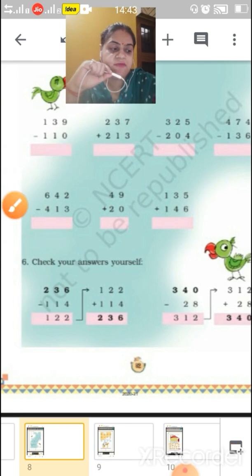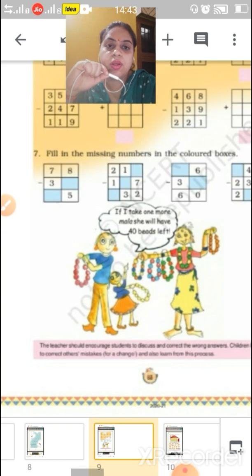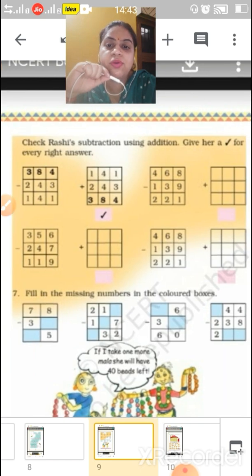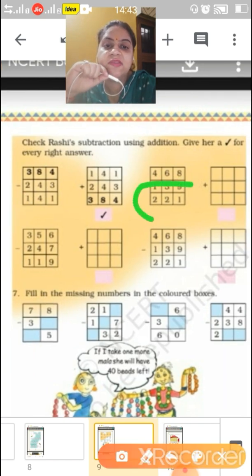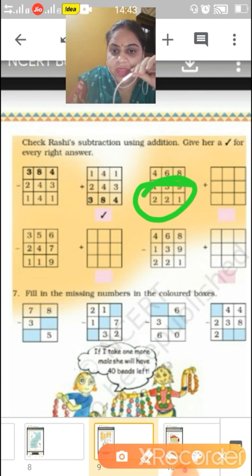So same with you, you have to do this. What you have to do, you have to add this 139 plus 221. So you will get the above answer. Understood?